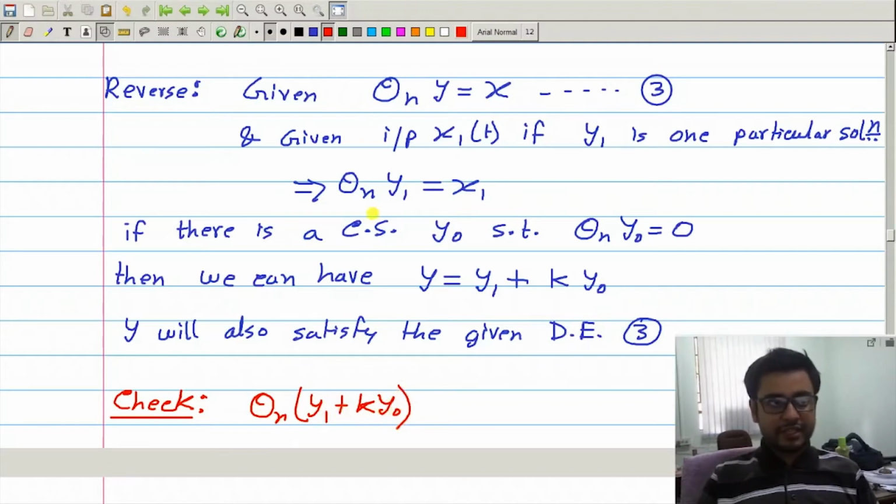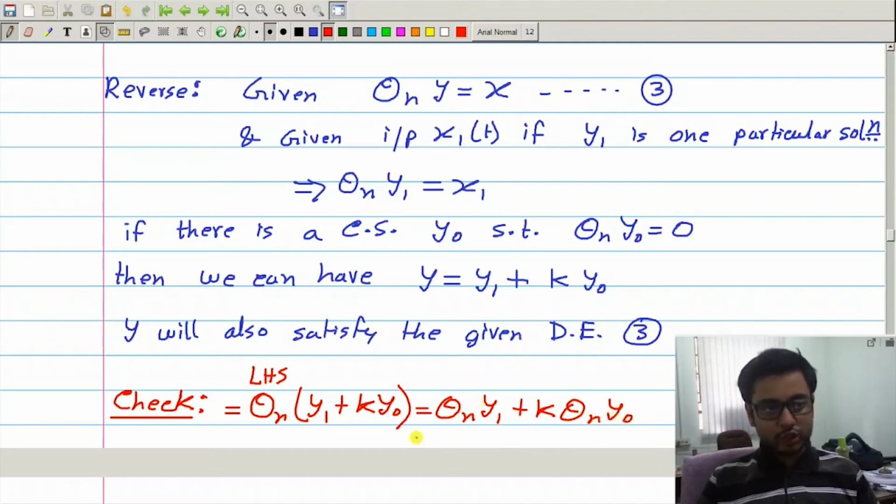This is the left hand side, and this will be equal to Ly1 plus k Ly0. Now the first term is equal to x1 and the second term gives 0, equal to x1, the right hand side of this equation.